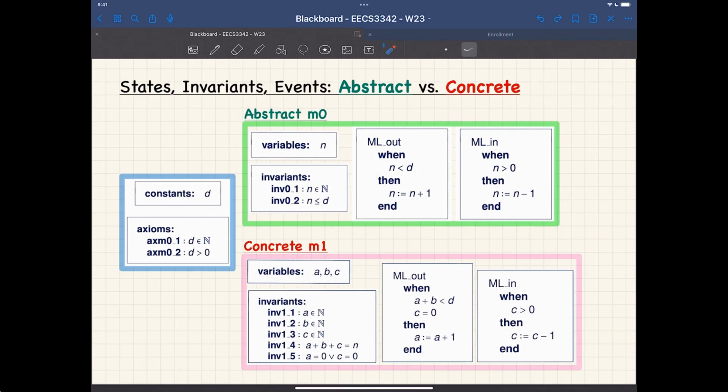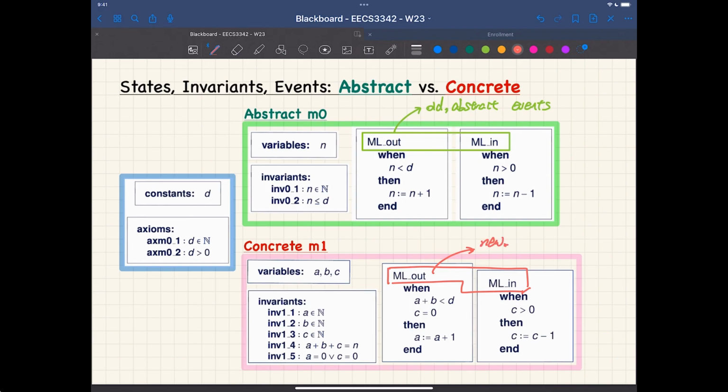And then we got over here, these 2 are the old abstract events. And these 2 over here, they are the concrete events.